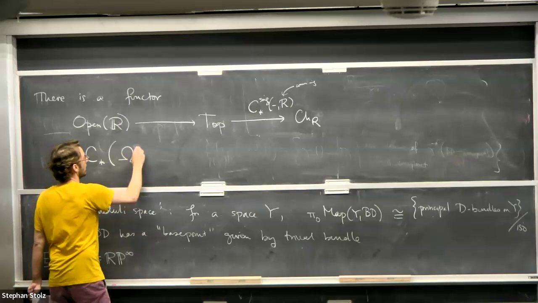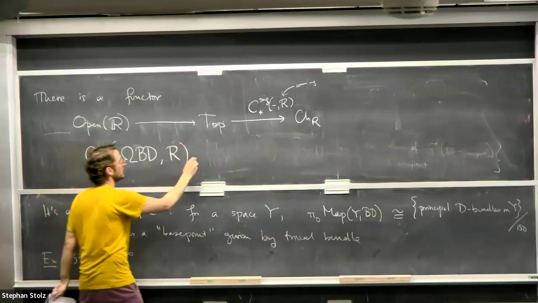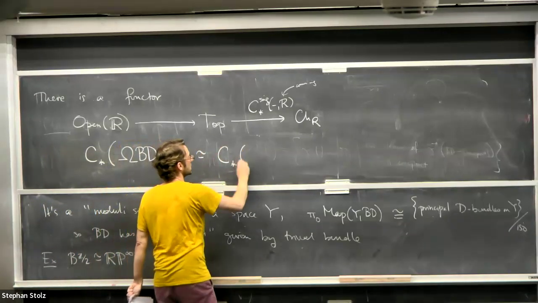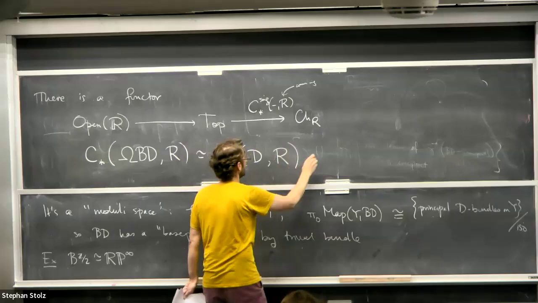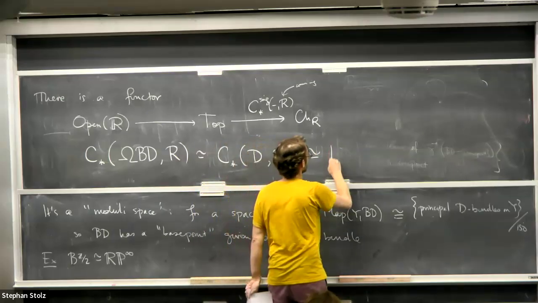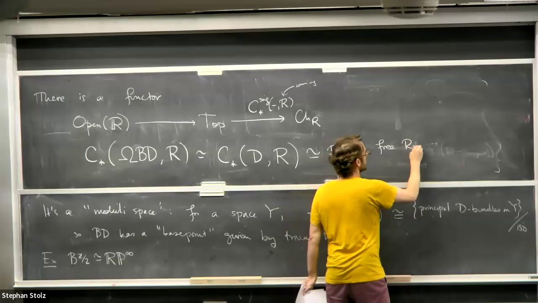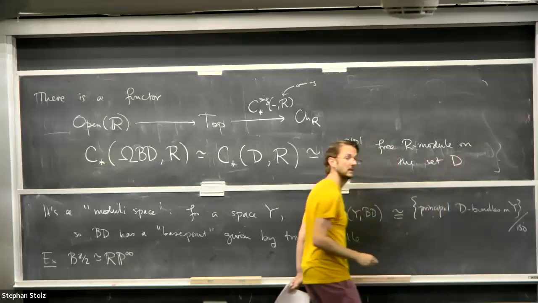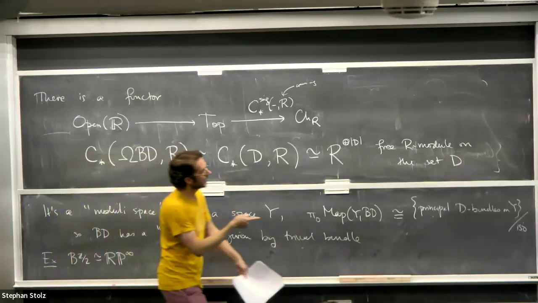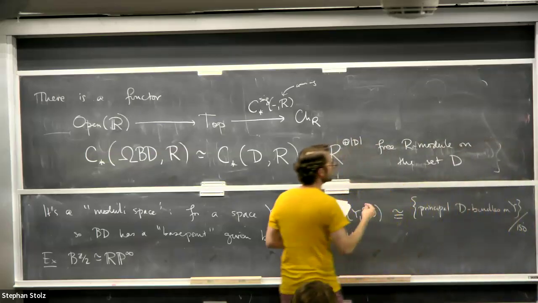What I want to point out is chains on the base loops of BD with coefficients in R. So this is coming from an interval, right? This is quasi-isomorphic to chains on this discrete group, which is a collection of points with values in R. And this is quasi-isomorphic to the free R module on the set D. And similarly to the argument over here, where we got the group structure on D, you can check that if you have two intervals going into a bigger thing, you get the multiplication.